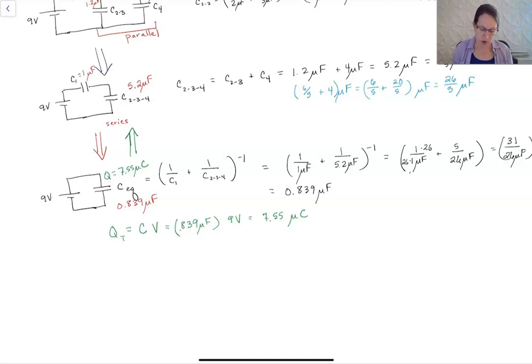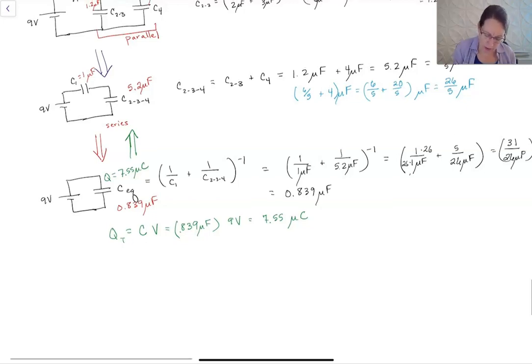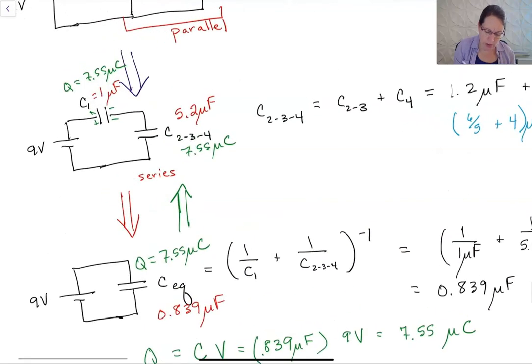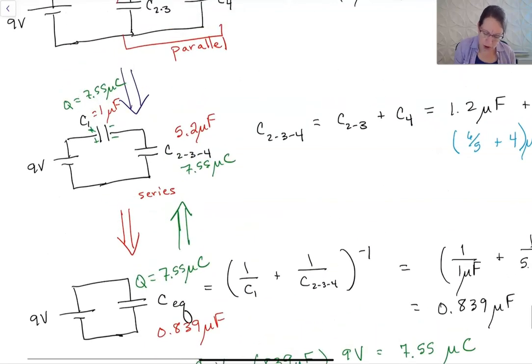So I know this charge. I know that the charge is the same on these two capacitors, right? C1 and C2 now both have a charge of 7.55 microcoulombs, because the charge can't build up.